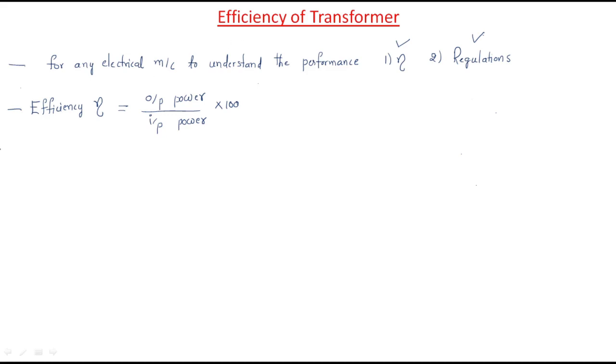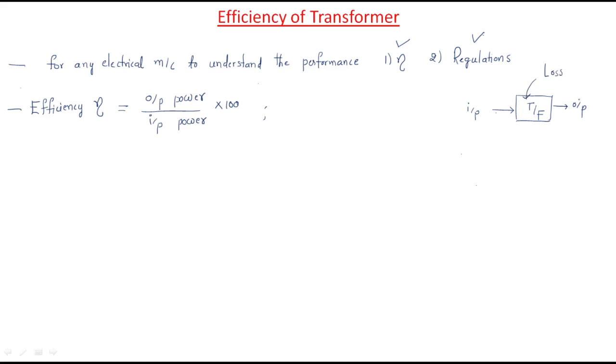In the case of our transformer, we first have a relation between input power and output power. For example, a transformer takes input power and gives some output power. Any transformer or machine has some loss when performing its operation.